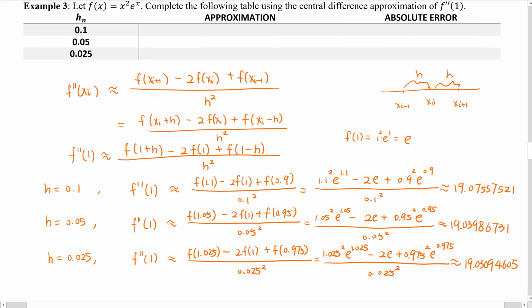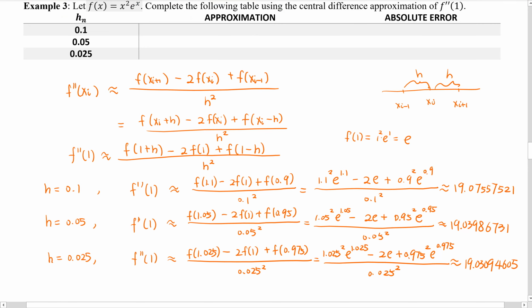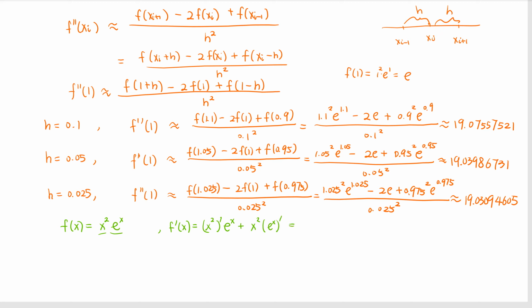So what's the true value? It means we have to differentiate this guy. Okay, we need to find the second derivative of it. This is x squared e to the x, so not that bad, right? So x squared e to the x. First derivative, product rule, x squared prime e to the x plus x squared e to the x prime.